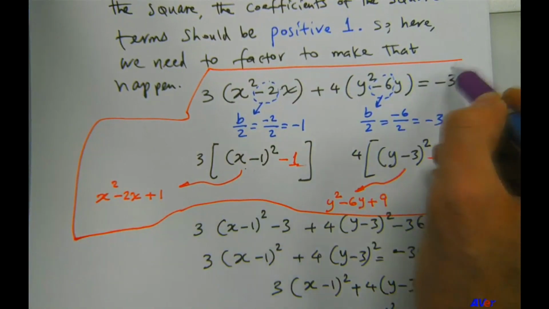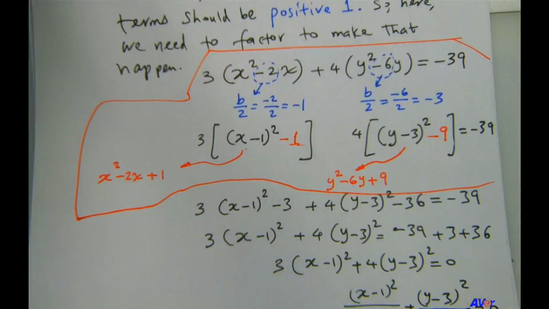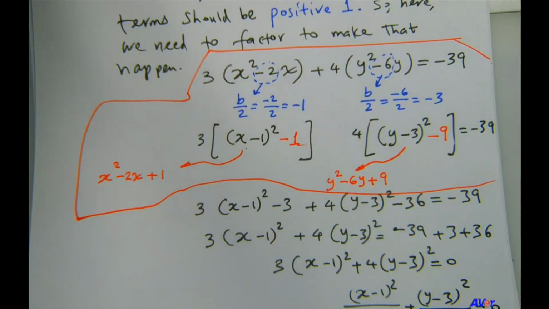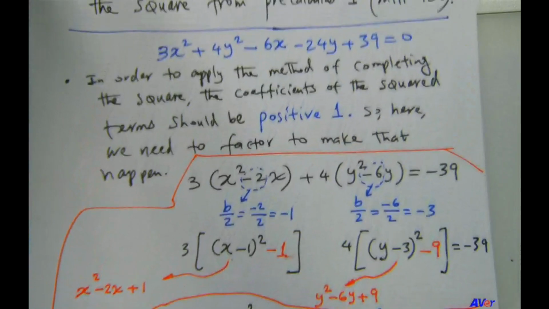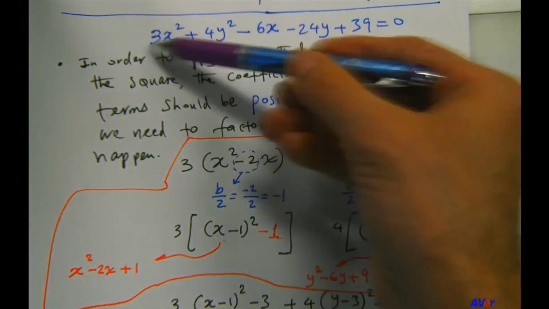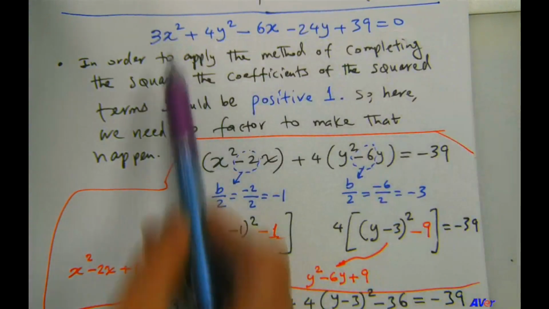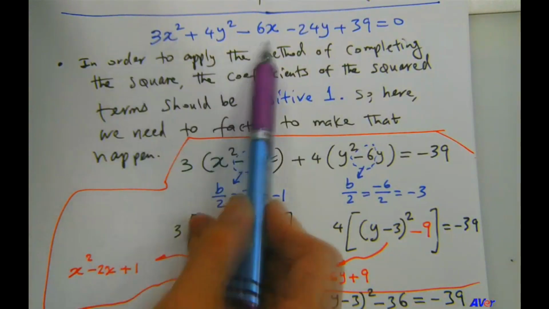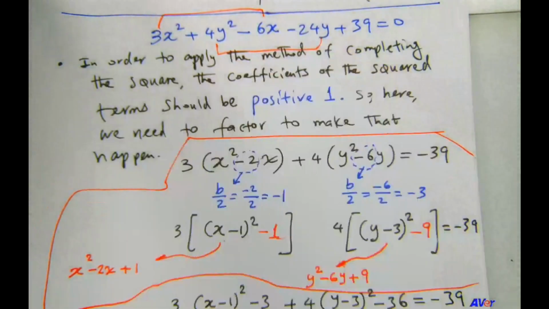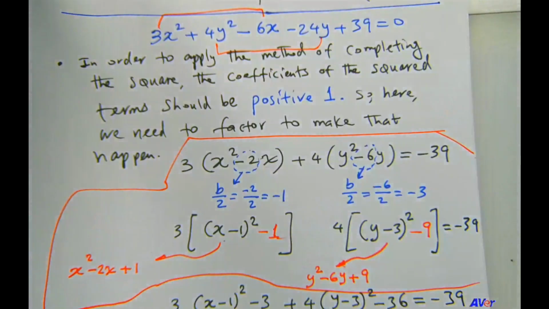Right here is a complete review, and also that we factored out the 3 and the 4 here. So you have the original expression here showing, and that we factored out 3 from the x terms, from these two terms, and factored out the 4 from the y terms.